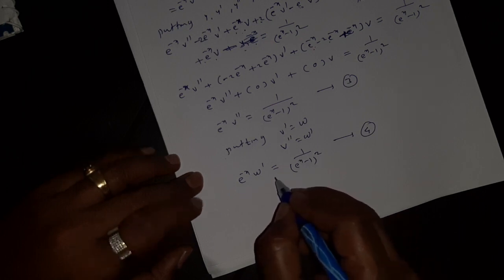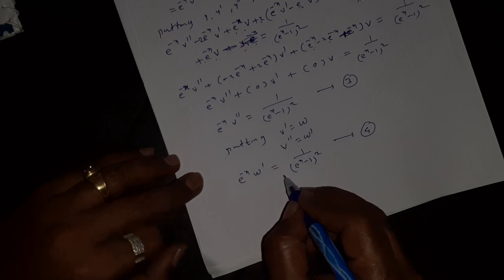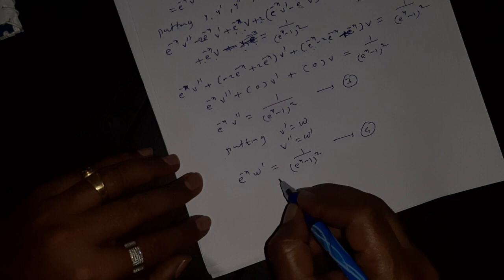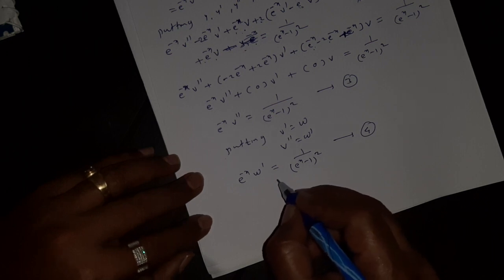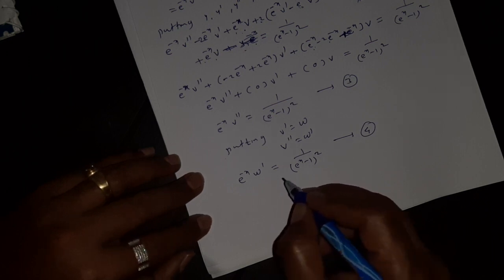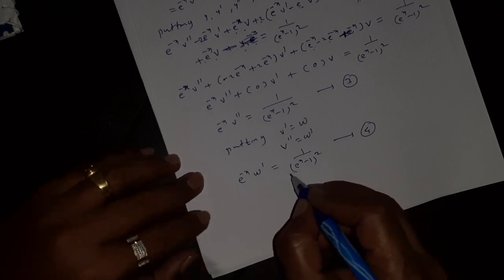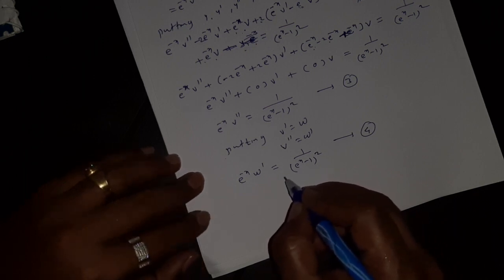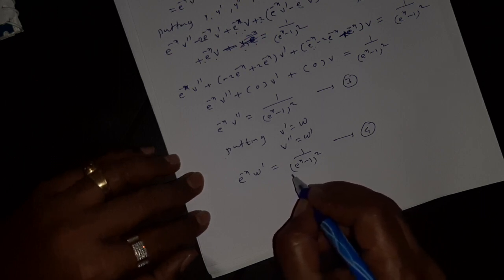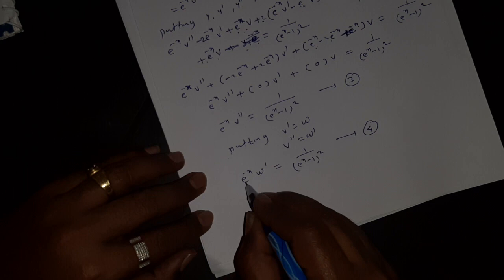This equation number 4 is solvable either by using separation of variables, or it may be of the type linear differential equation. Here this differential equation is in variable separable form.